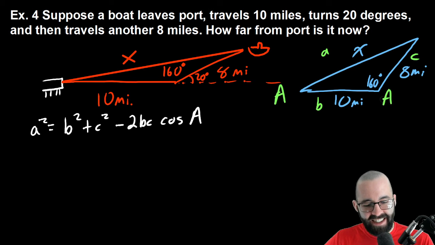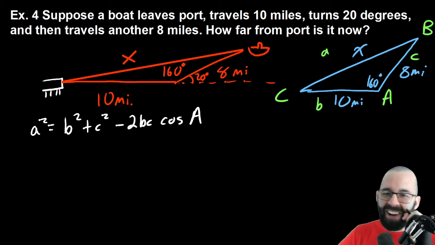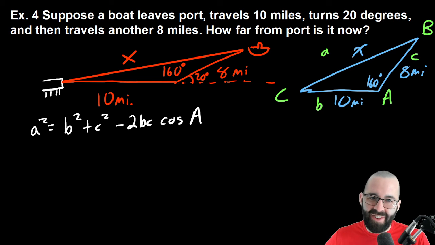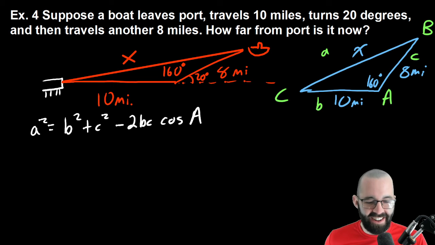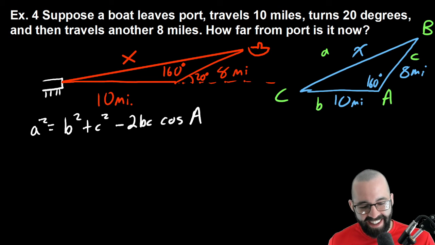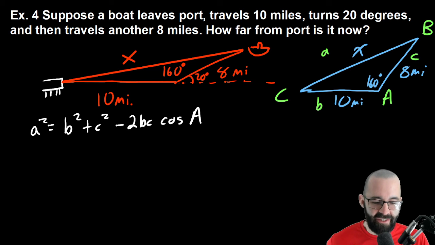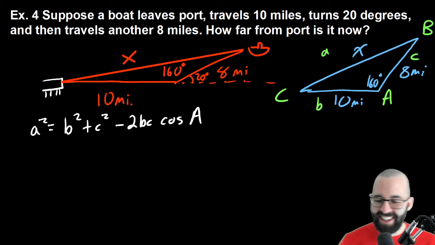Call this one C, and this one A. This is B, and this is C. I hope you were really laughing at that one. If you were typing up a comment to tell me I messed up, don't worry, I caught it. You're going to have to erase that comment. All right, C is opposite C, A is opposite A, B is opposite B. We're solving for A. Much better.